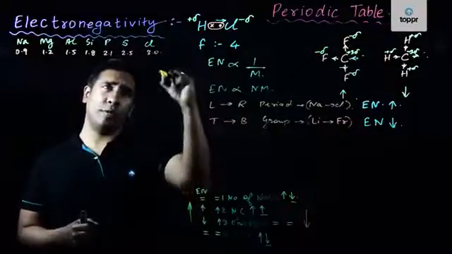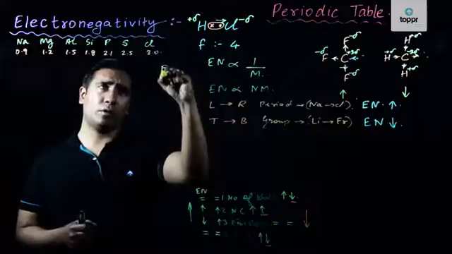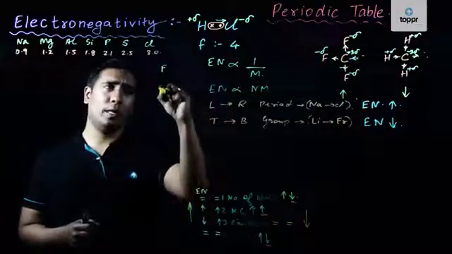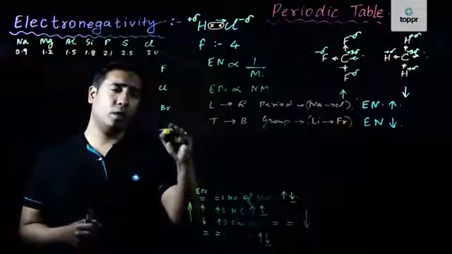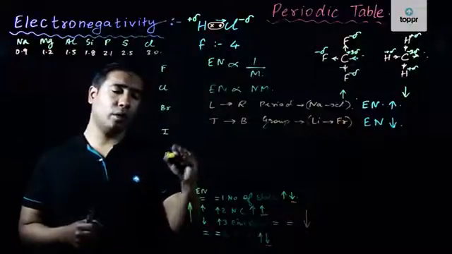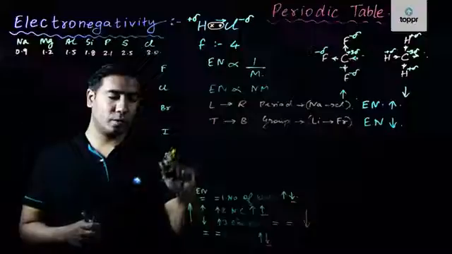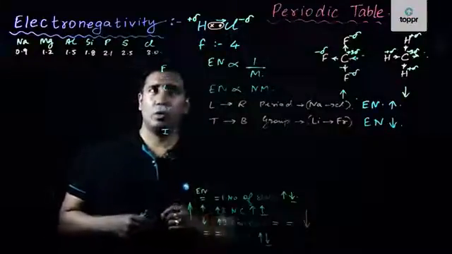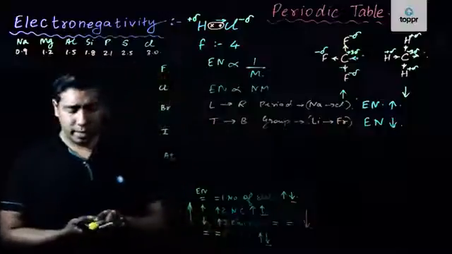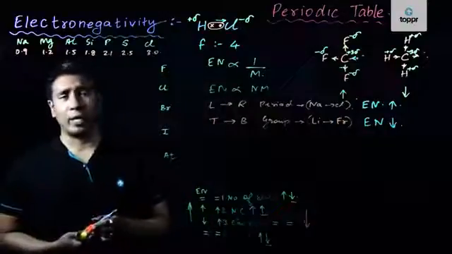We start with fluorine, the most electronegative element of the periodic table. Then after that chlorine, then bromine, then iodine, and then astatine, which is represented as At, because As is arsenic. Once we go into this, let us quickly give their electronegativity values.